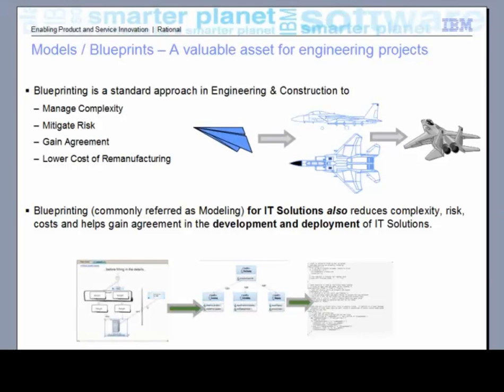If you think about a simple blueprint that can be used to do construction on a house, it helps coordinate the team and gain agreement on where things are to be placed within the construction. It also helps lower the cost of manufacturing or remanufacturing by building those models or blueprints ahead of time to flesh out some of those problems that might exist once you go into production.